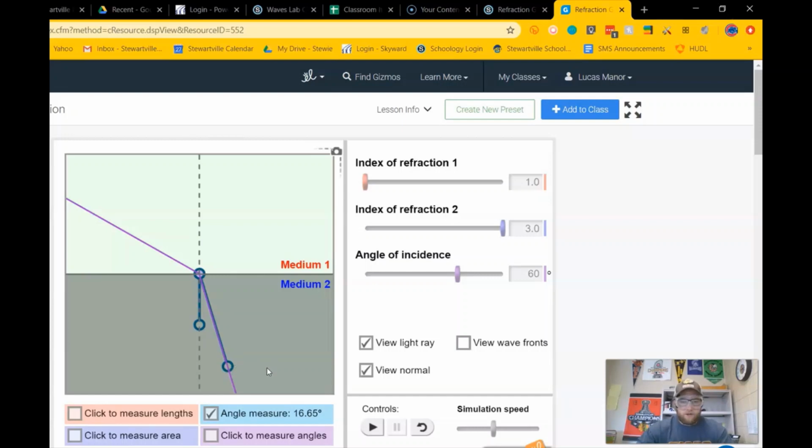And we end up with an angle measure of 16.65 degrees, which we'll round up to 17. So our angle of refraction for our third one is going to be 17 degrees. And when we do 60 minus 17, we end up with a change in direction of 43 degrees.